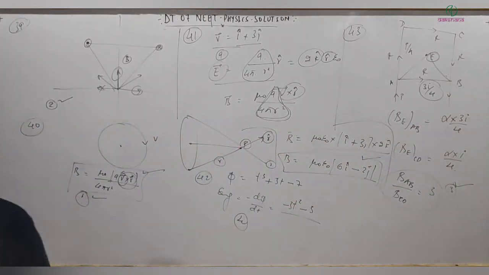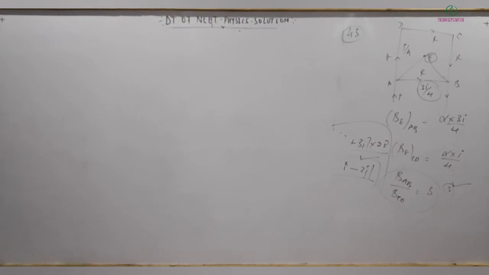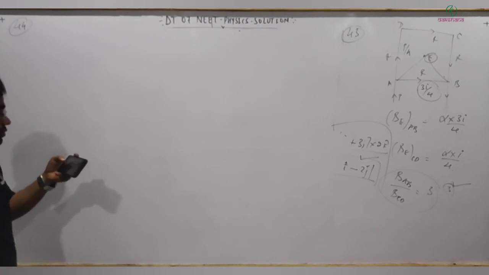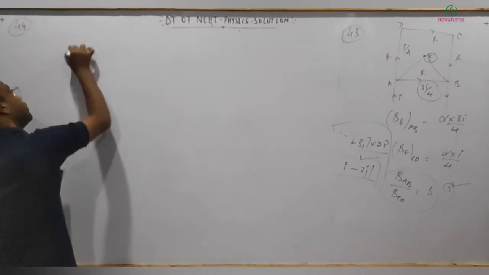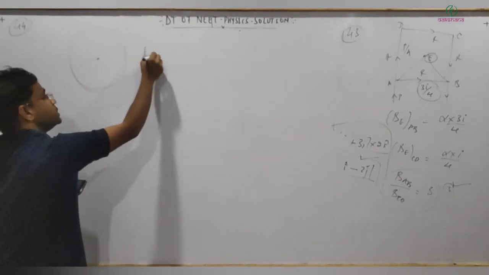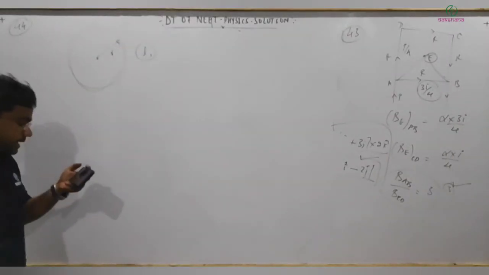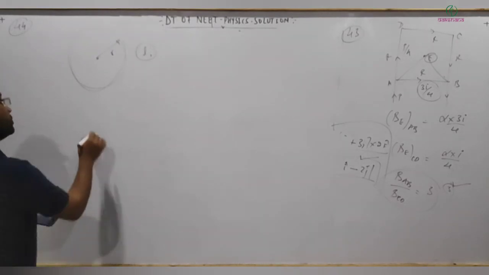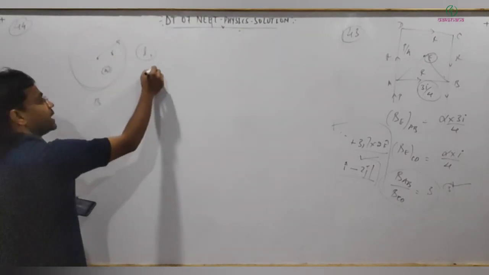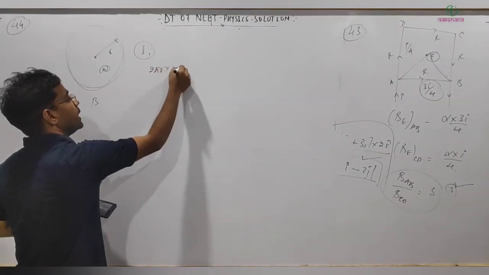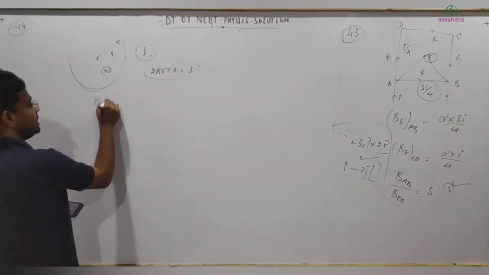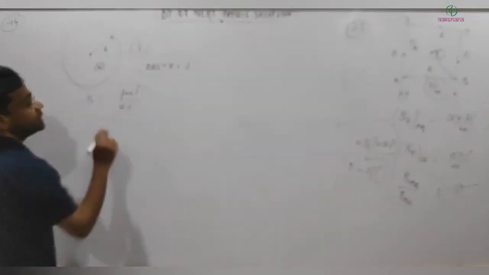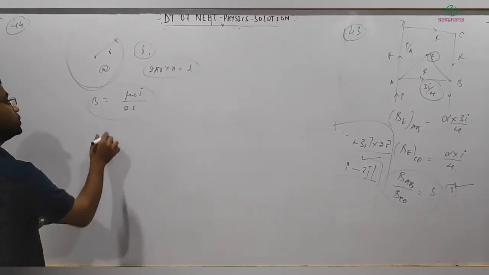Okay, next, question number 44. A wire of length L is used to form a coil, let's say of radius R. The magnetic field at its center for a given current in it is minimum. Let's say it has n number of turns, then 2 pi R into n is equal to L. B is equal to mu naught into I divided by 2R, into n.